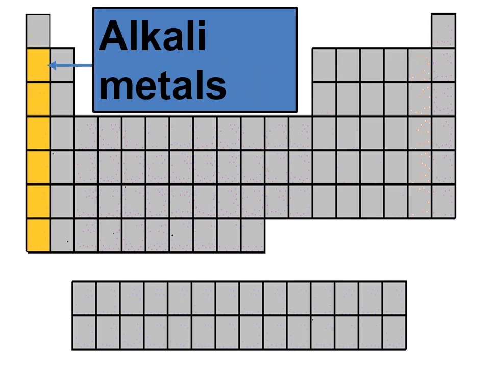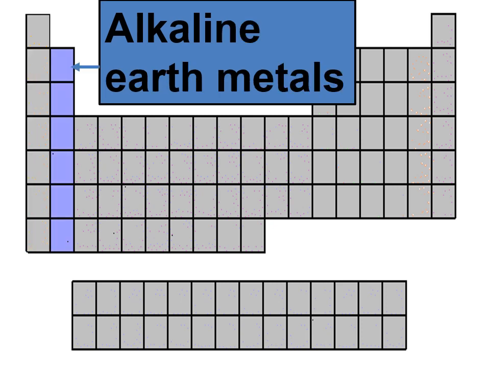Okay. Next one, this vertical, yung first vertical column on our periodic table ay ang tinatawag natin na alkali metals. Next one. Okay. Pangalawa is the alkaline earth metals.